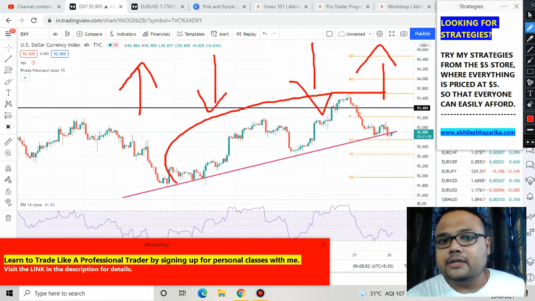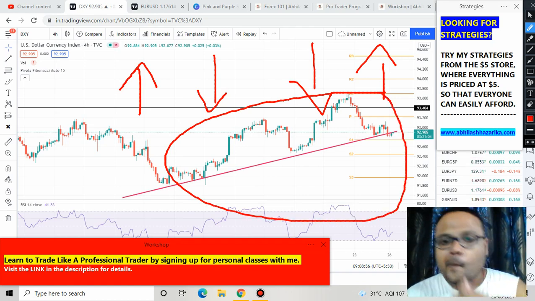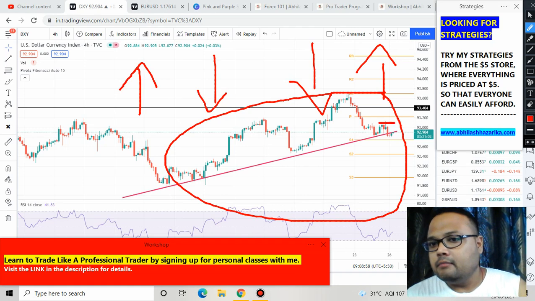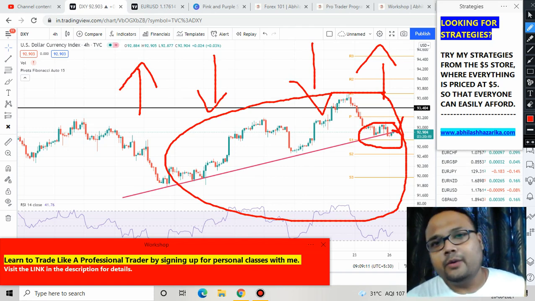You can right now see that the US dollar is quite bullish and standing at the support here. There is a possibility that the US dollar will respect this trend line as it is doing till date, and it will bounce from here. If it bounces from here, then definitely we will see some selling on EUR/USD. So this is also another reason to go for a short position on the EUR/USD chart.